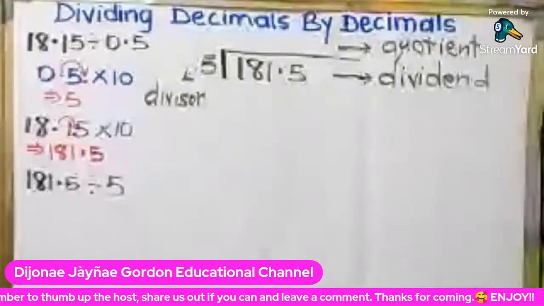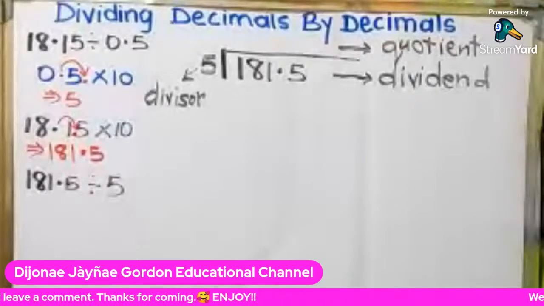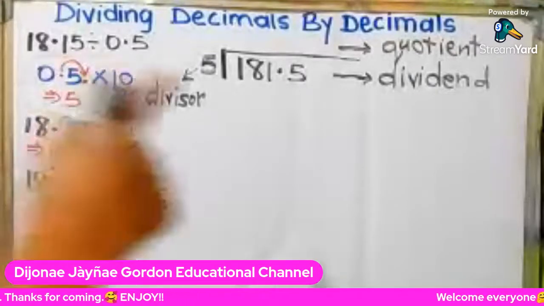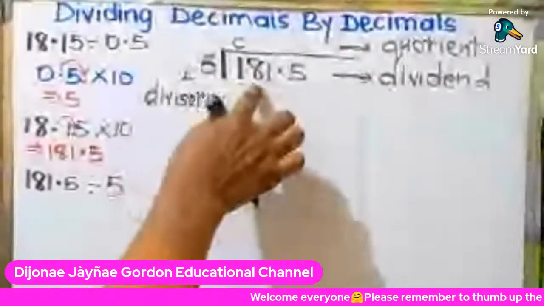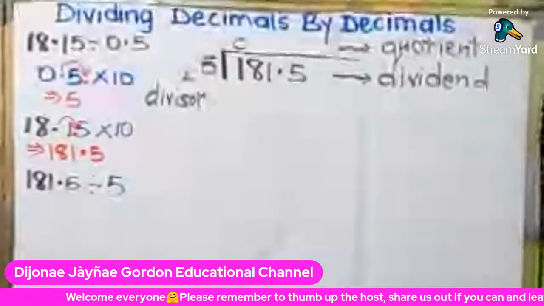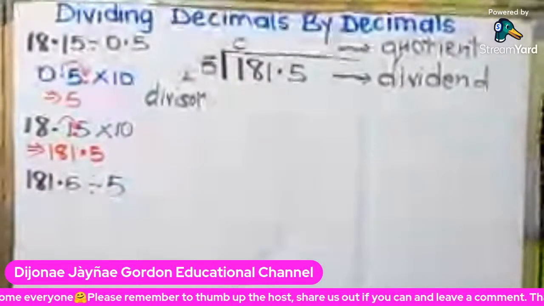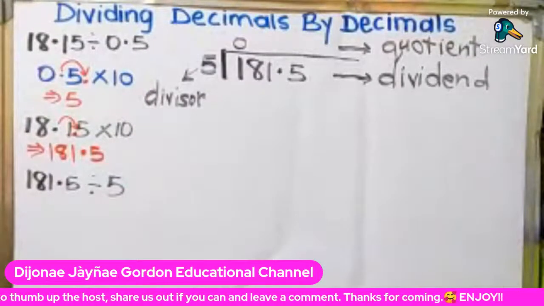First, you're going to say to yourself, how many groups of 5 can you get from 1? Of course, 1 is smaller than 5, so we can't get a group of 5. So I'm going to put a 0 here to say we can't. Now 18. So you're going to say to yourself, how many groups of 5 can you get from 18? All right? Go to your 5 times table now.